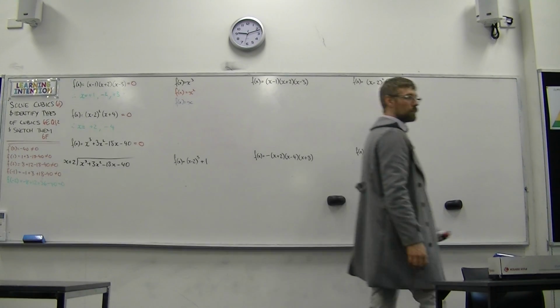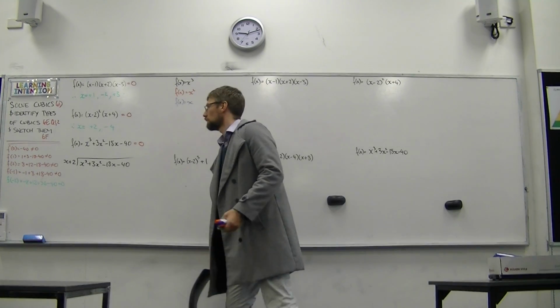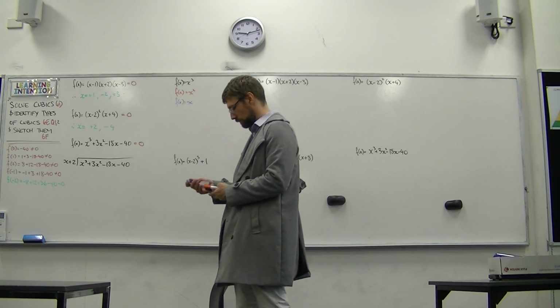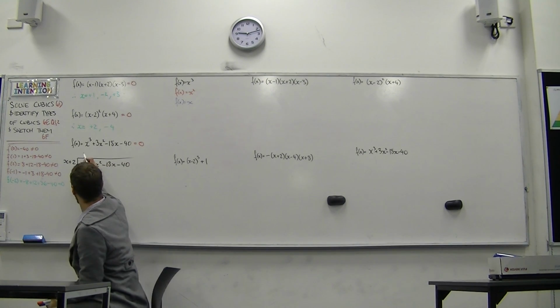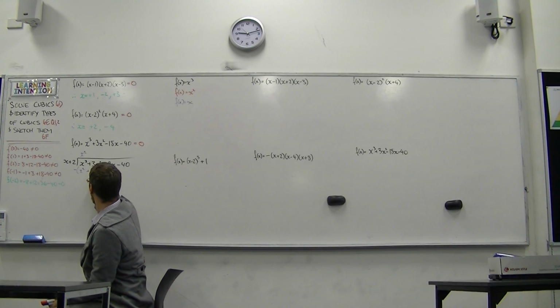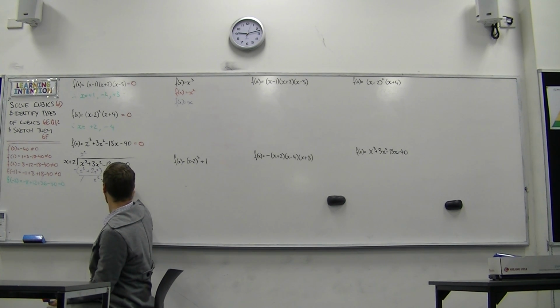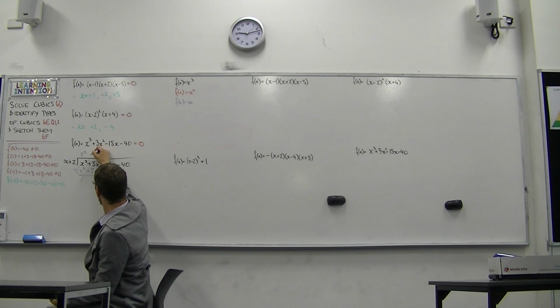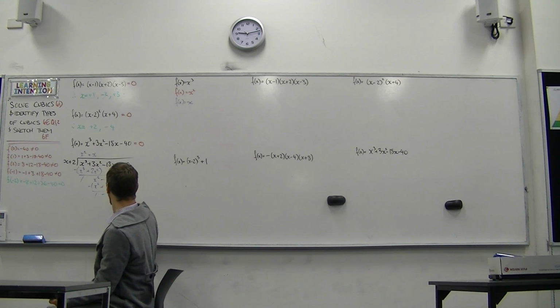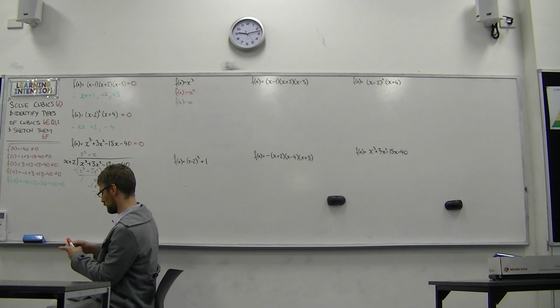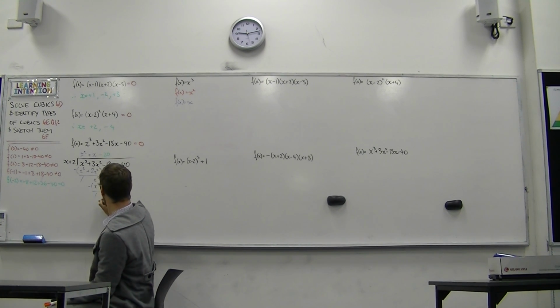So x squared times x is x cubed, x squared times 2 is 2x, and then the minus 3 is squared x.